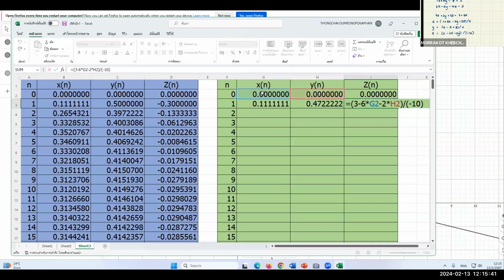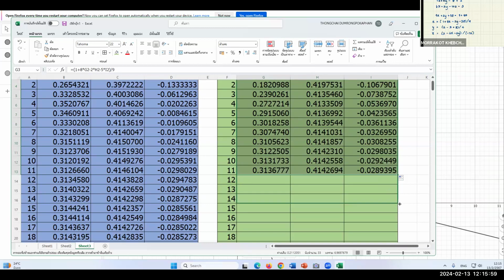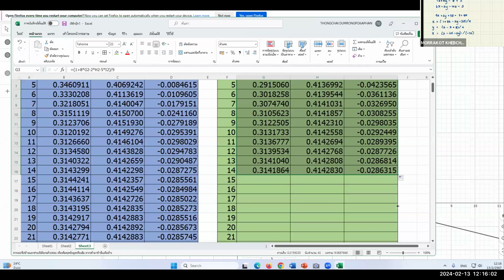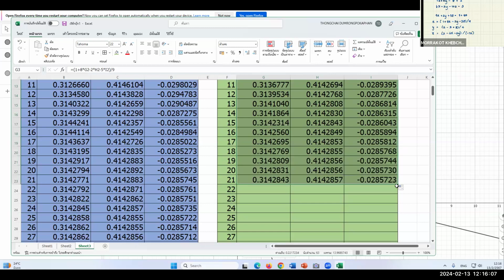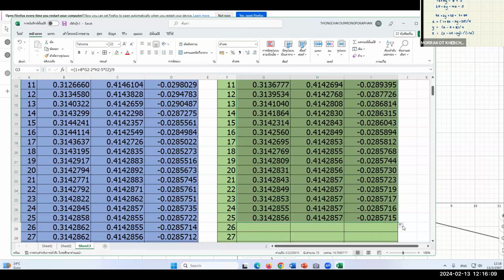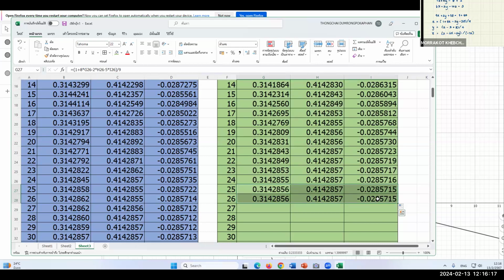And this, instead of using the blue and the red there, you use the one in row number 3. Okay, so you see that is Gauss-Seidel.